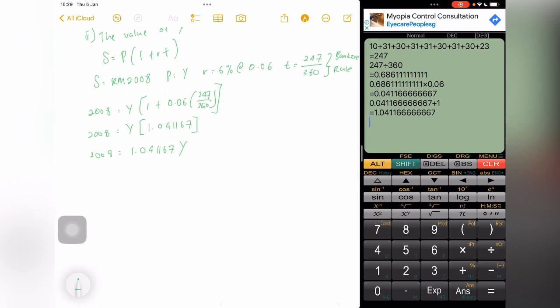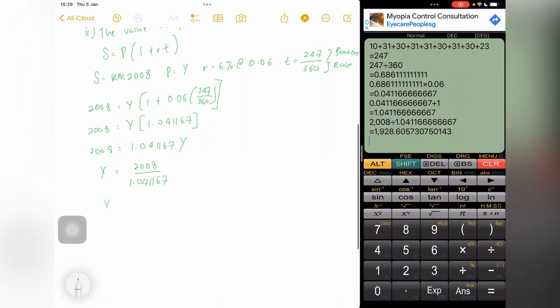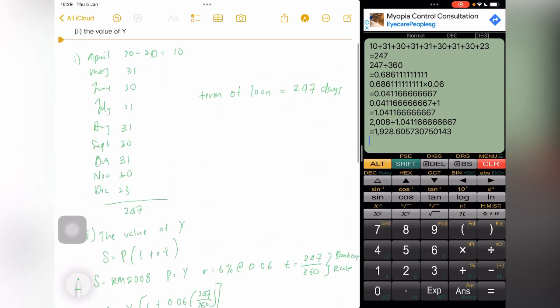So y, we bring it over here, equals 2008 divided by 1.041167. So 2008 divided by the answer, and we get y equal to Rm 1928.61. Don't forget the unit. So this is the final answer for this question.